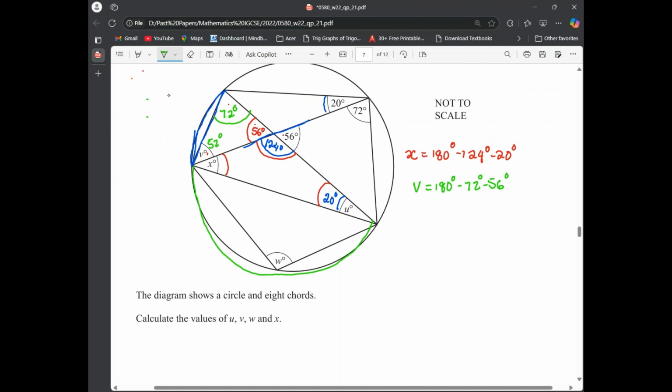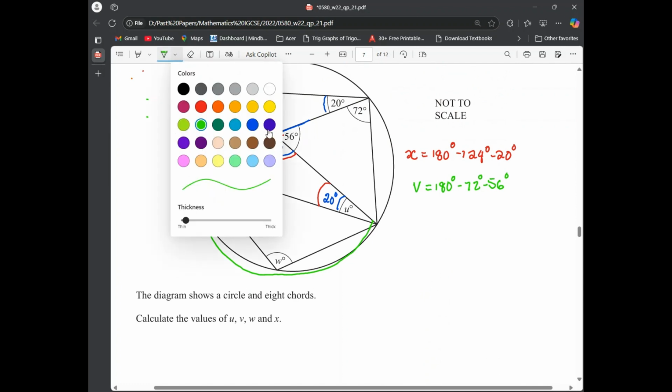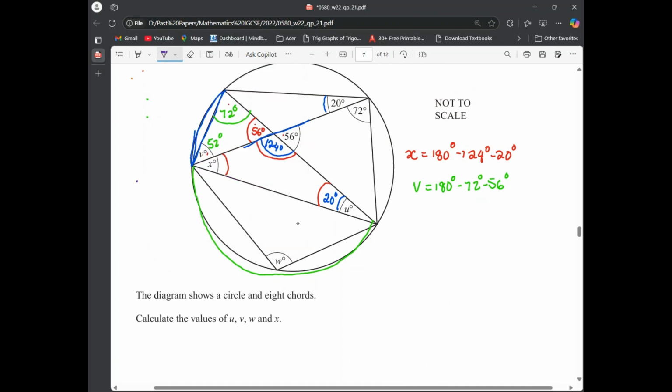Right. So to work out W, I can see that if I draw a cyclic quadrilateral, remember a cyclic quadrilateral is a four-sided figure which has all its vertices on the circumference of the circle. And by the theorem for cyclic quads, we know that opposite angles of a cyclic quad are supplementary.